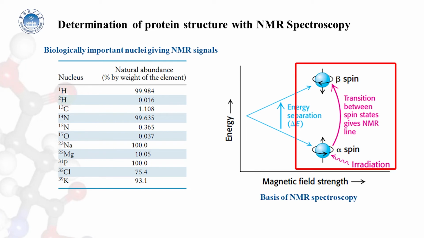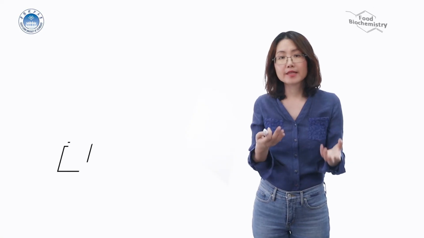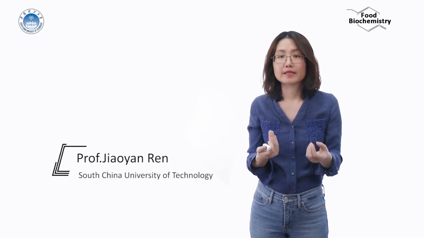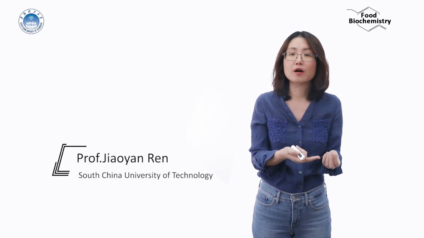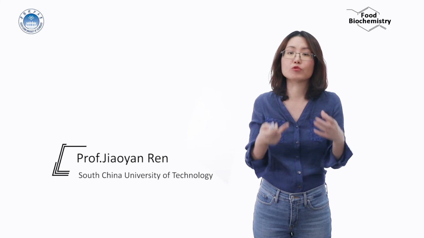A spinning proton in the alpha state can be raised to an excited state like the beta state by applying a pulse of electromagnetic radiation, provided that the frequency corresponds to the energy difference between the alpha and beta states. In this circumstance, the spin will change from alpha to beta. In other words, resonance will be obtained.